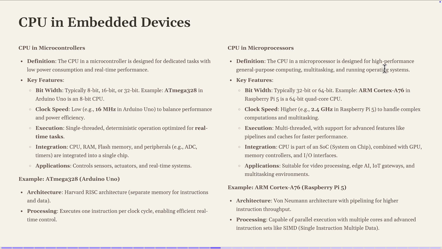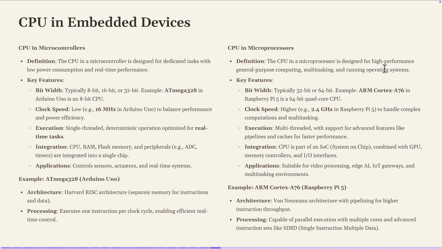We discussed the clock speed also, a big difference, 16 megahertz to 2.4 gigahertz. So this is approaching the performance of CPUs in commodity desktops and laptops. The execution type here is only made for single-threaded, very specific types of tasks, whereas here it's for multi-threading and support for advanced features like caches and pipelines for faster performance.